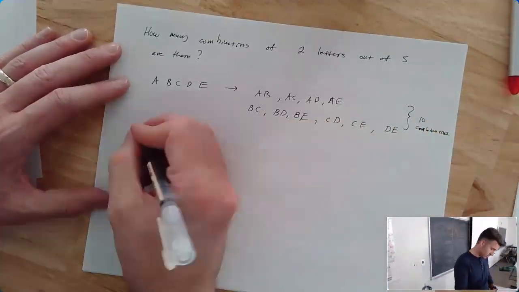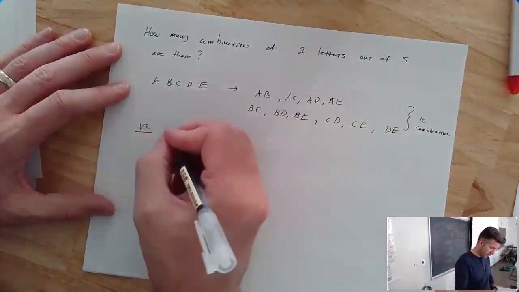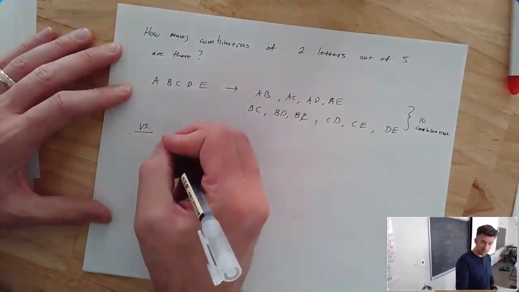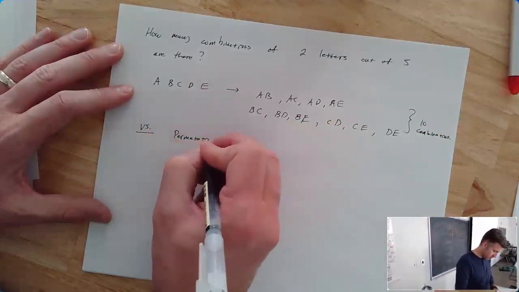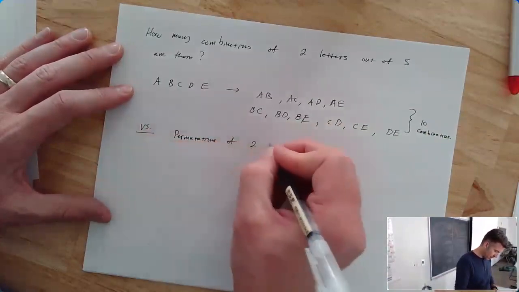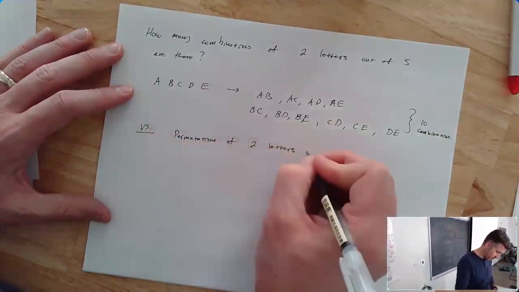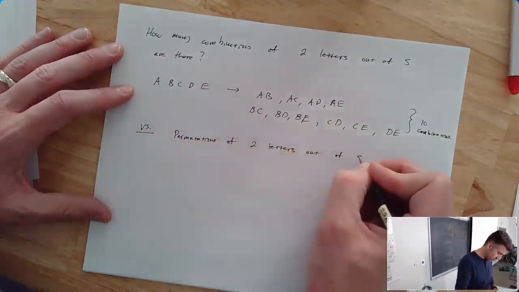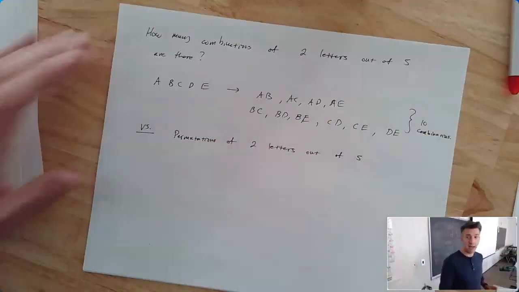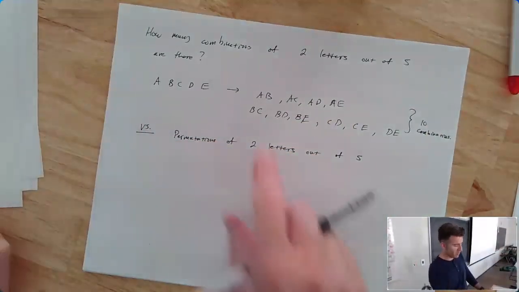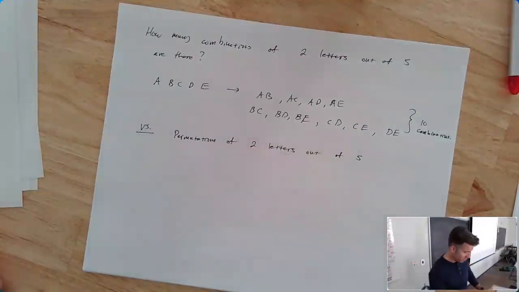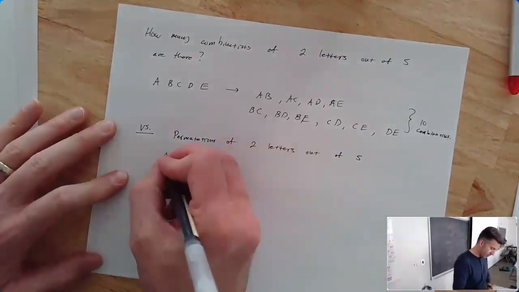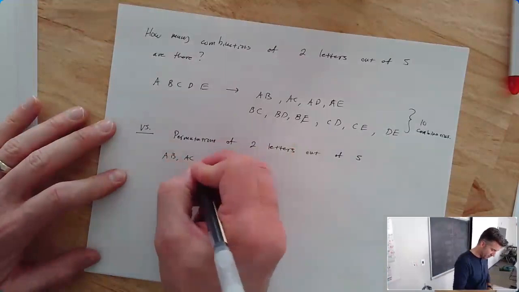Versus, if I want to know the number of permutations of 2 letters out of 5, we could write them all down, or we could look at what we've already written down and just say, well, you can either have all those or switch the order of any of them, right? I'm going to write them all down because I feel like I should.